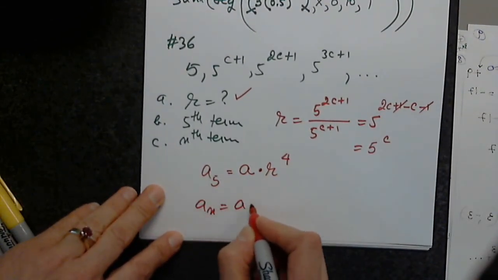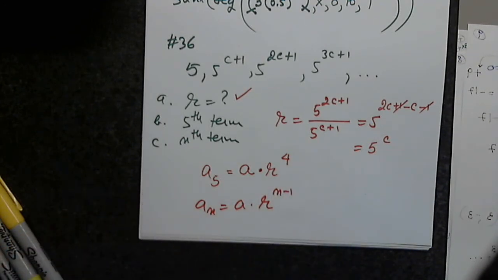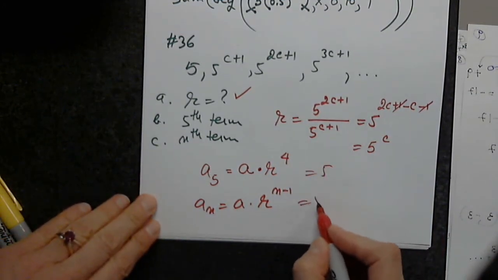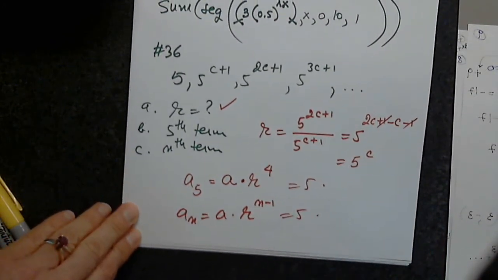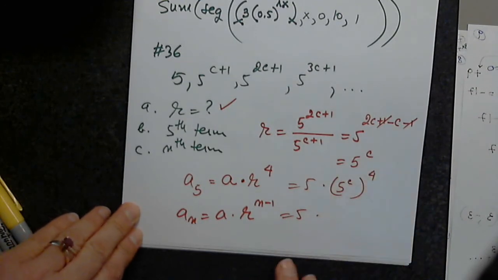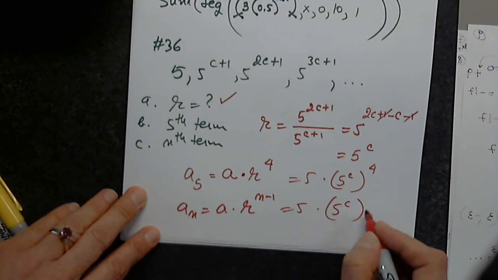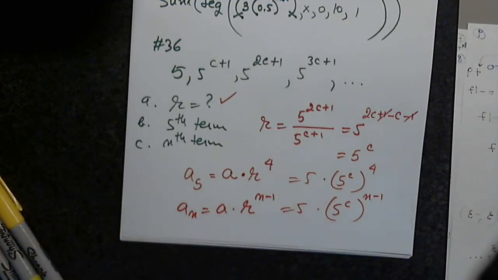The nth term is A multiplied by R to n minus 1. So both of them have 5. This one has 5 to C raised to the fourth power. And this one has 5 to C raised to n minus 1. Is this okay? Is it clear?